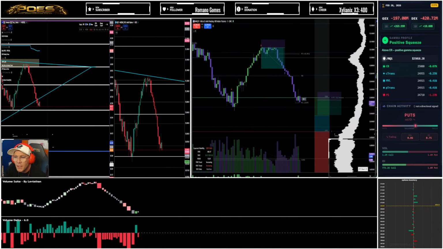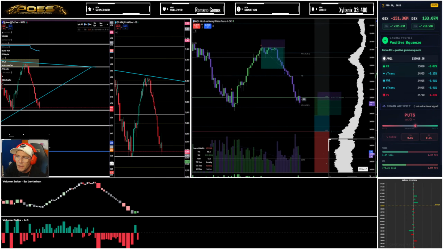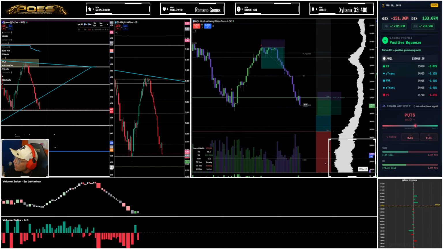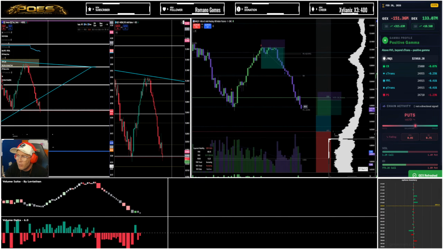Not confident, but expecting the breakdown here. We are at a core resistance of sorts. I'd love to see it come back down to 24,915. Like, yeah, 25,915. Let's check. What is 25,915?